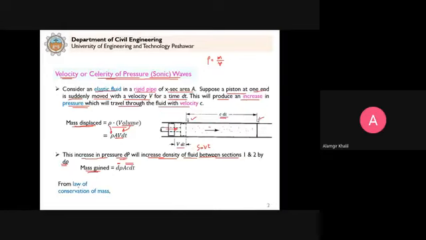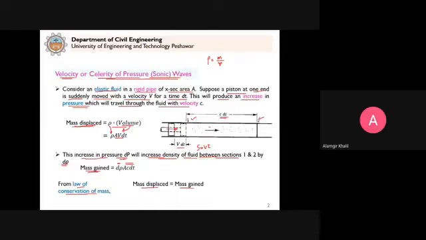Now we can apply the law of conservation of mass. And what does the law of conservation of mass say? That the total mass is conserved. Clear? The total mass is conserved. So it means that mass displaced is equal to mass gained.